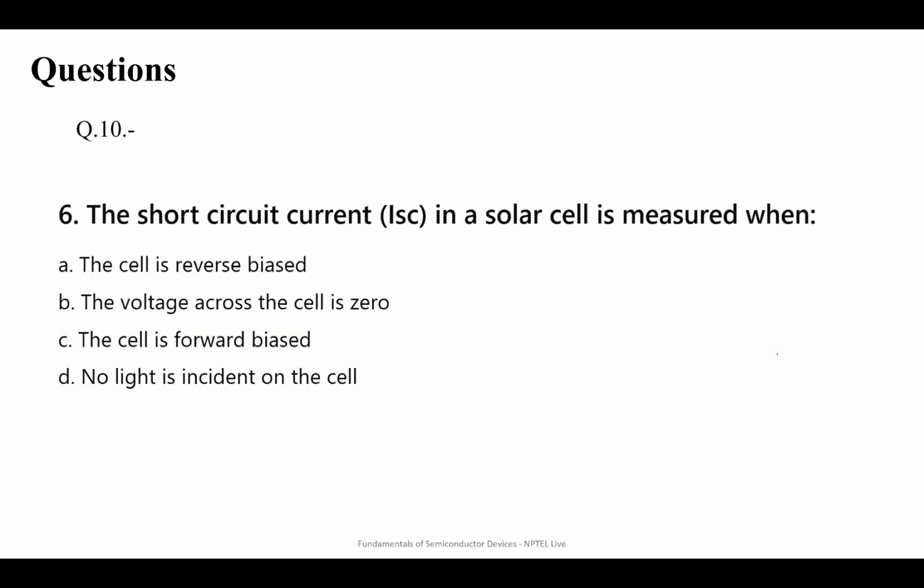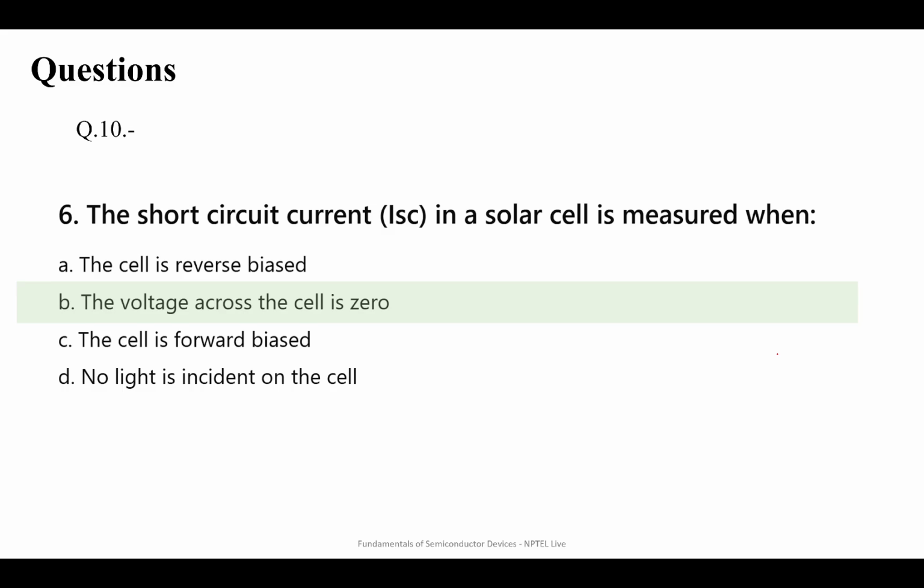The short circuit current ISC in a solar cell is measured when the cell is reverse biased, the voltage across the cell is zero, the cell is forward biased, no light is incident on the cell. Sir, it is voltage across the cell is zero. That is correct.